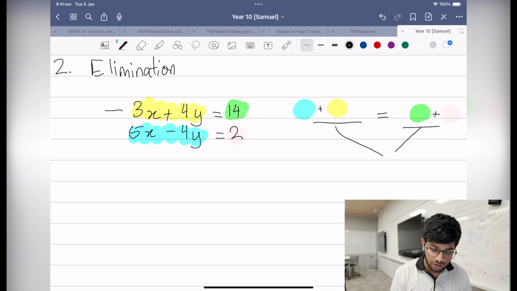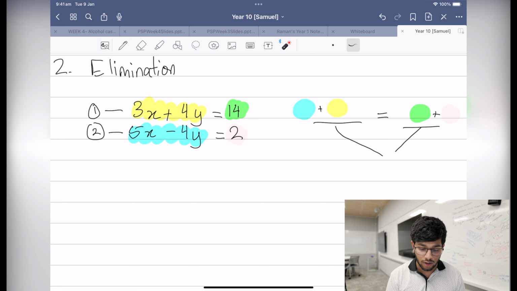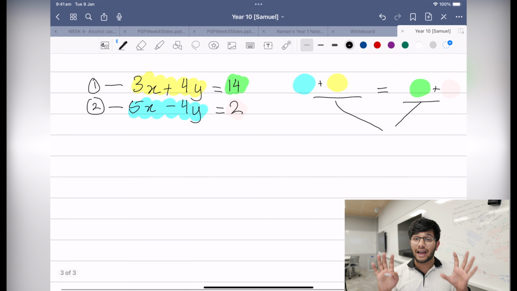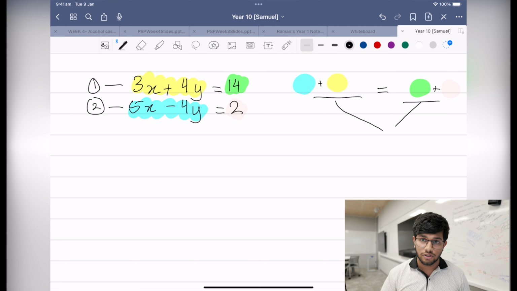Now, what does this mean in practice? If I call this equation 1, and I call this equation 2, and I try to do the process of elimination, what I would do is take equation 1 and add it to equation 2, and you'll see what magic happens here. Whenever you're adding equations, you add the left sides together, and you add the right sides together.